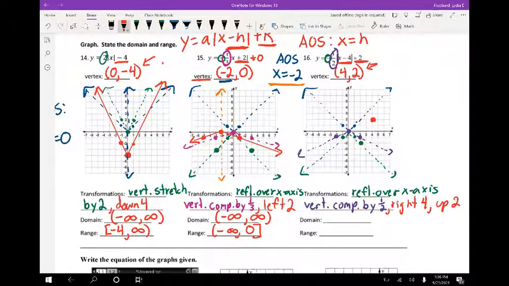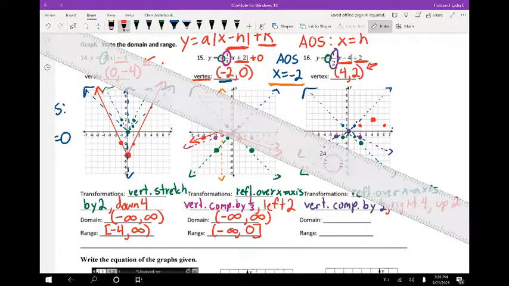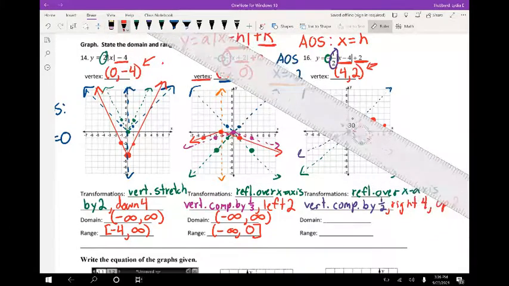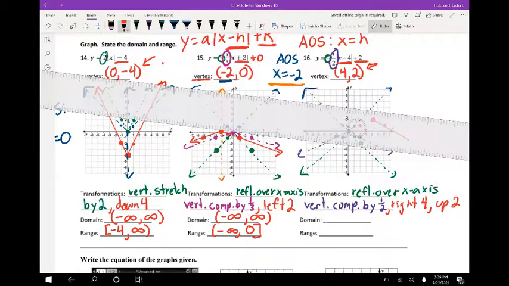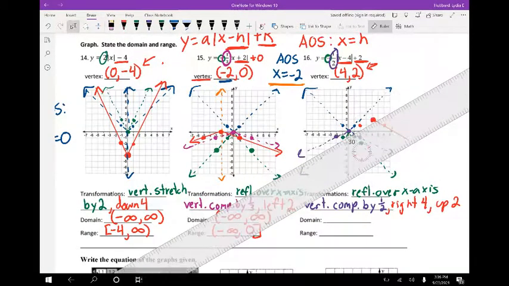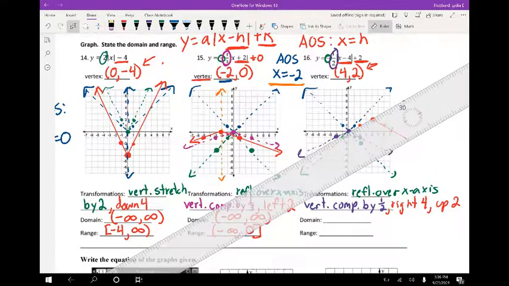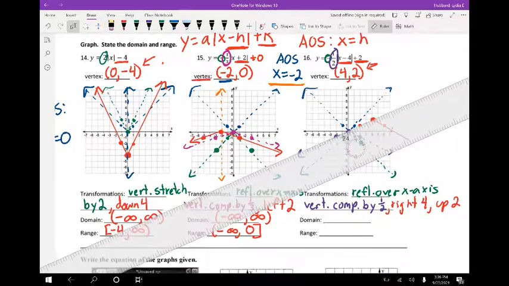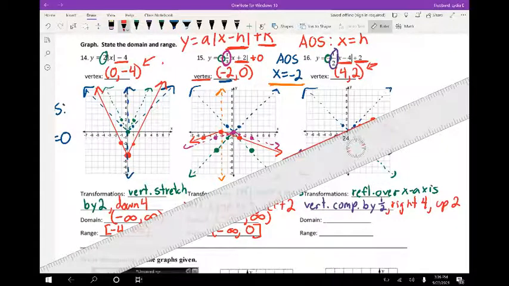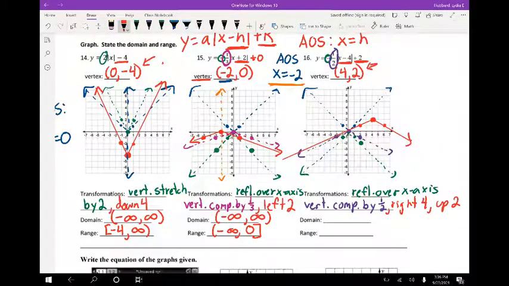So now we can move all of those purple points to the right 4 and up 2. And then we have 3 points, which is enough to get our graph. And we can just continue those lines with our straight edge.